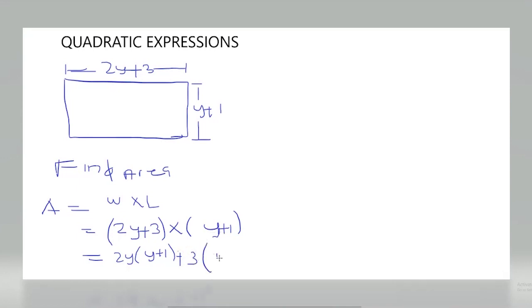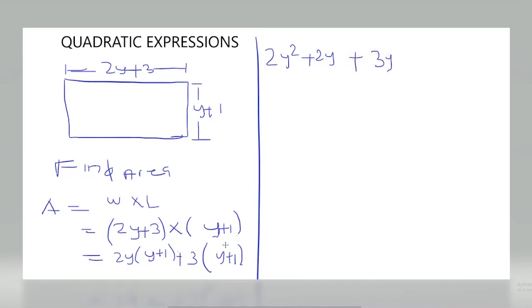Now this will be equal to 2y times y, which is 2y squared. Then 2y times 1 is plus 2y. Then plus 3 times y, 3y. Then 3 times 1 is plus 3.